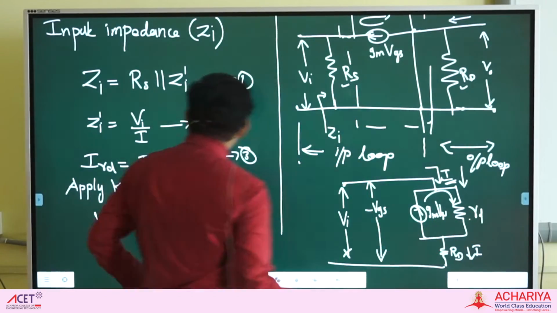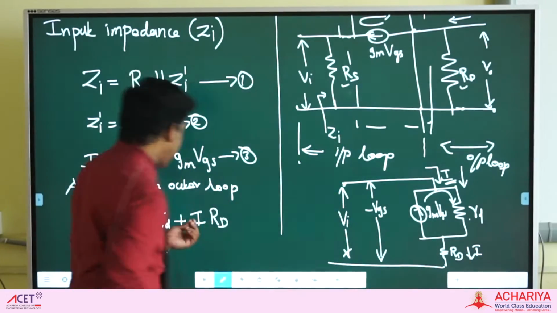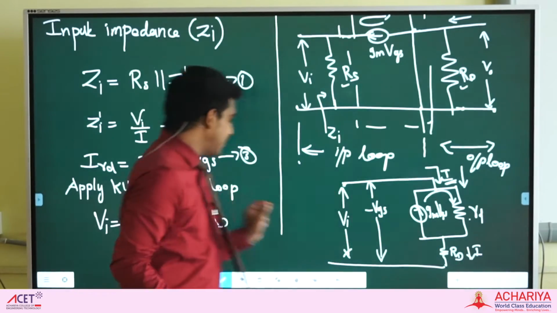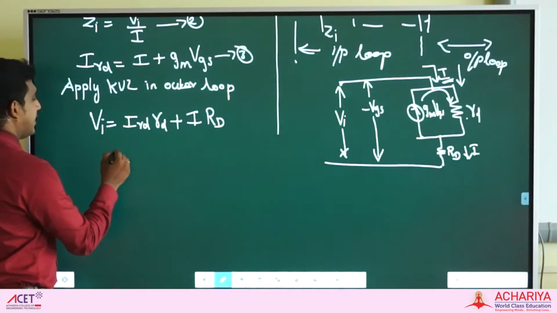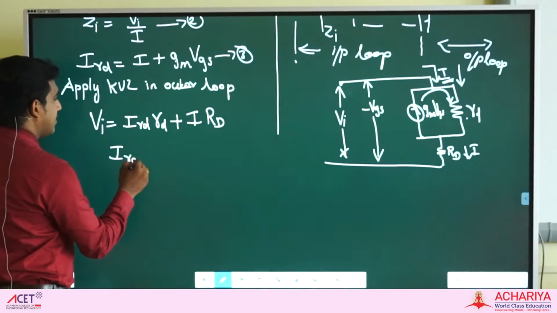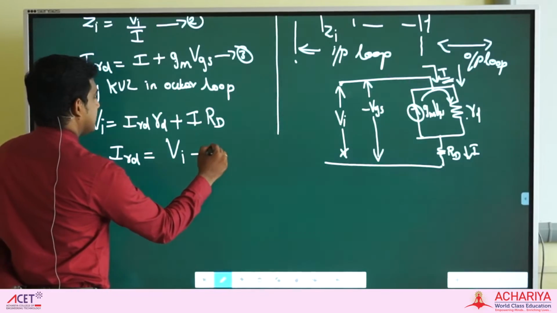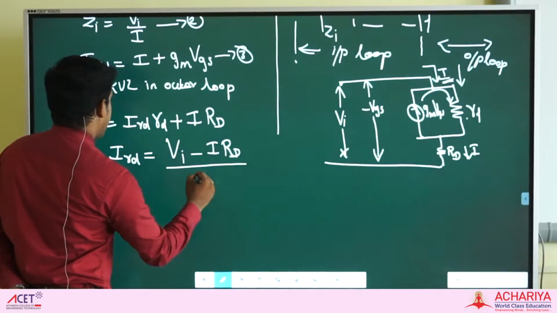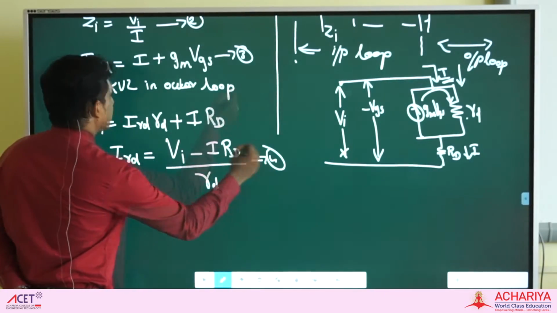This voltage drop is represented as IRD into RD, and this voltage drop is represented as I into RD, because the current flowing through this RD resistance is I. From this equation we can find IRD. IRD is equal to (Vi minus I into RD) divided by RD. Consider this equation as equation number 4.